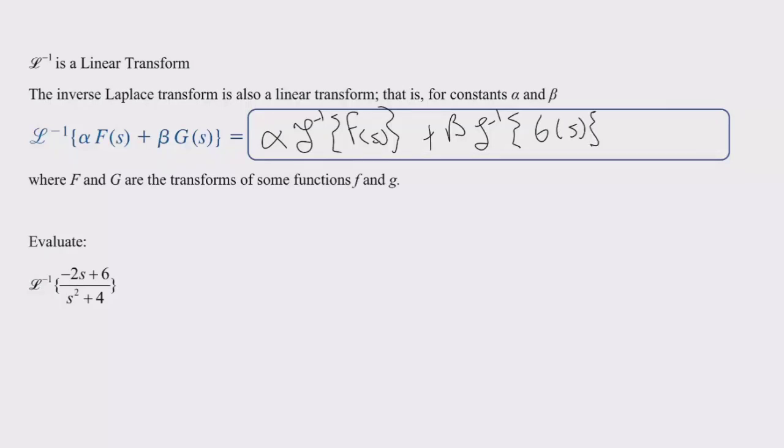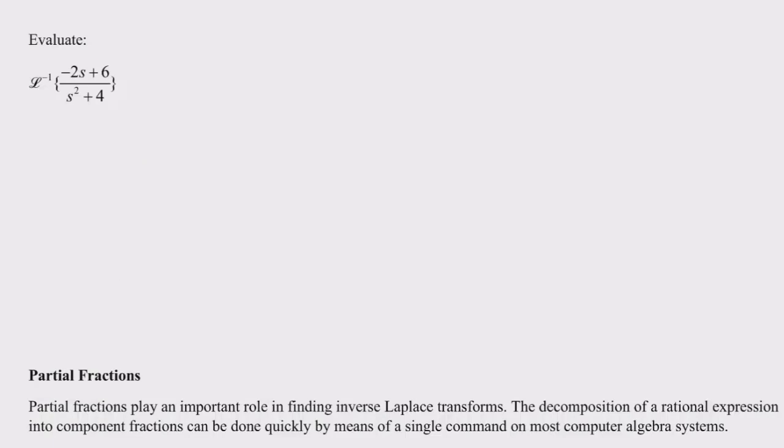Okay, so what does that look like in an example? Let's do one. Okay, so in this example, I can split up my fraction into two separate fractions. So let's see, one step at a time. Negative 2s over s squared plus 4, and then the 6 over s squared plus 4.